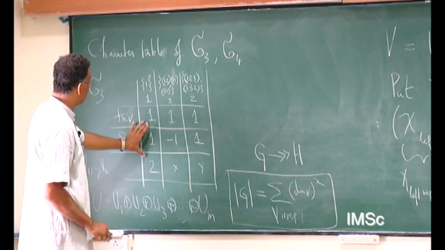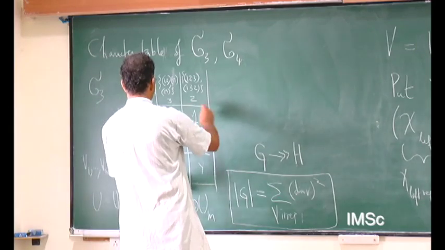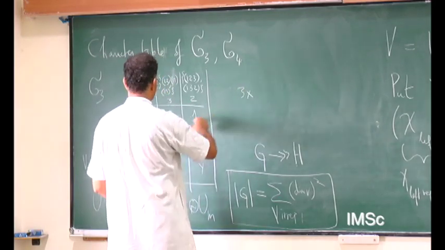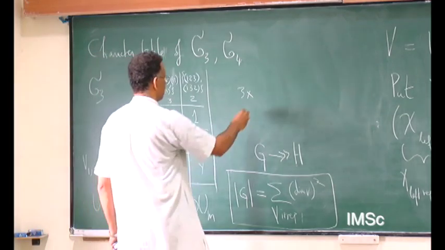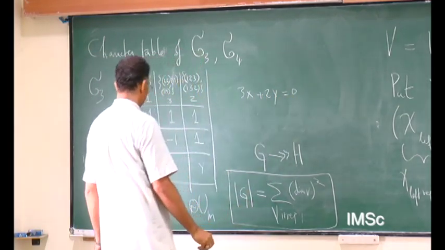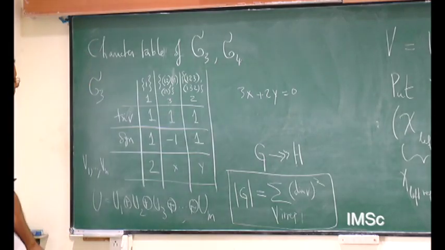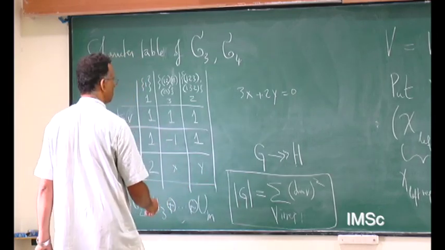If I do 2, so 3x, right? Plus 2y equal to 0. No, plus 2.